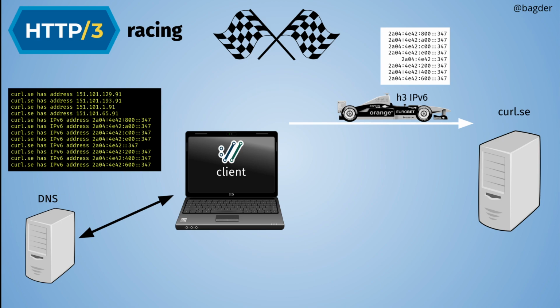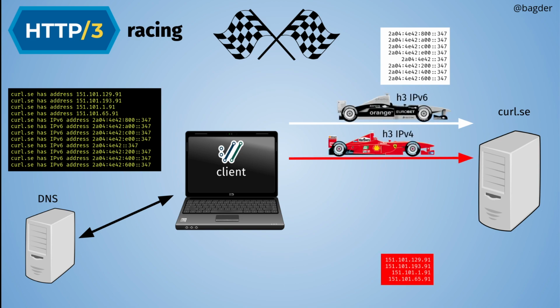which gets all the IPv6 addresses to try to do HTTP3, which means over QUIC for IPv6. With a slight delay, we start the HTTP3 IPv4 car, which gets a set of IPv4 addresses to try to set up QUIC to.